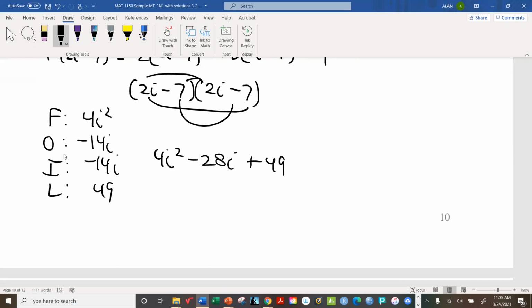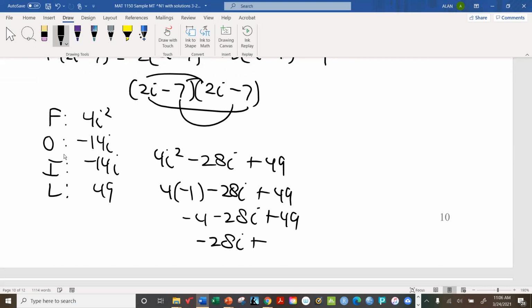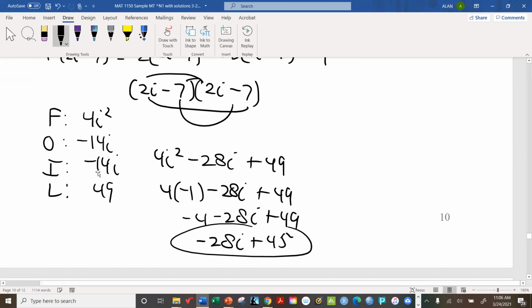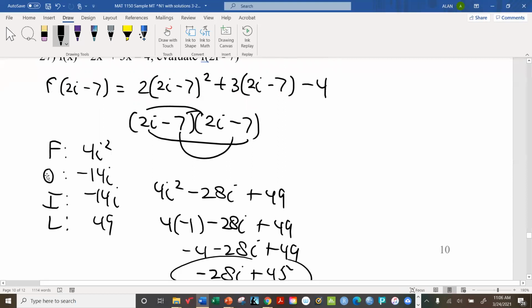But remember, i squared is negative 1. So we can replace this with all of this. We've got minus 4 minus 28i plus 49. And so when we're done, we've got minus 28i plus 45. That is what we have inside the square here.